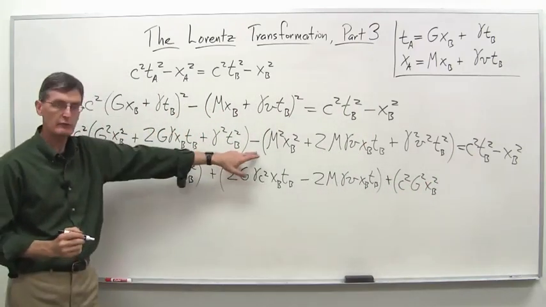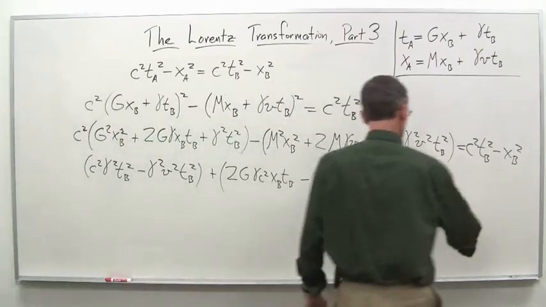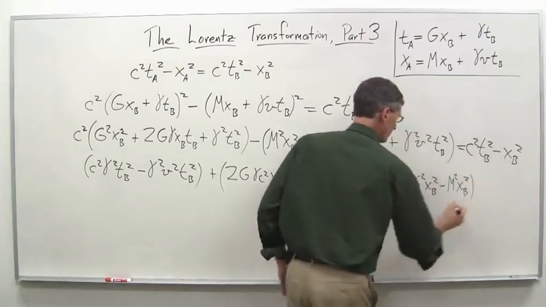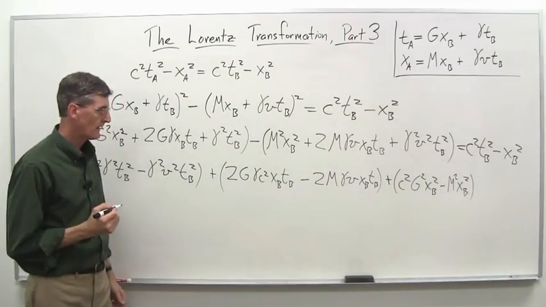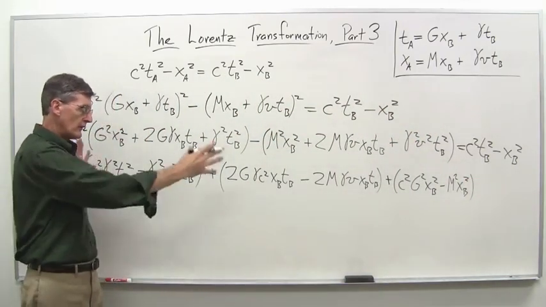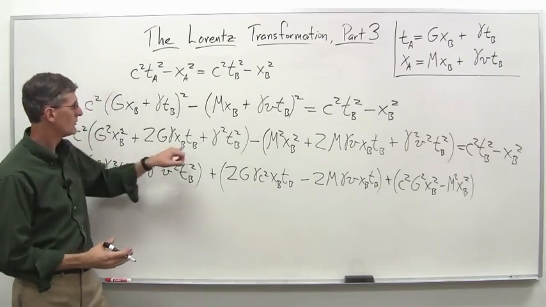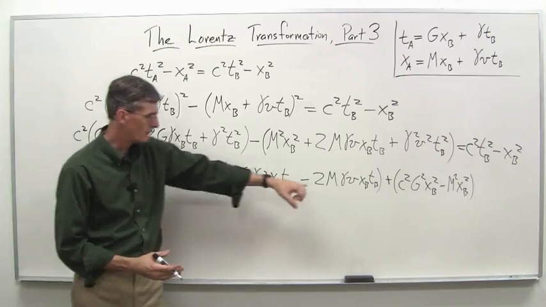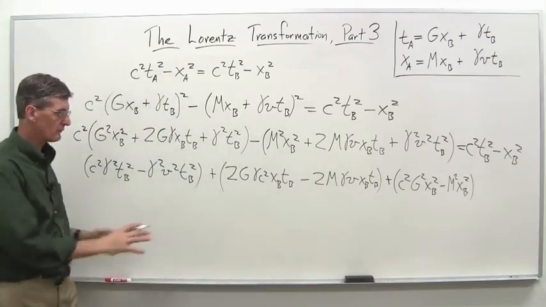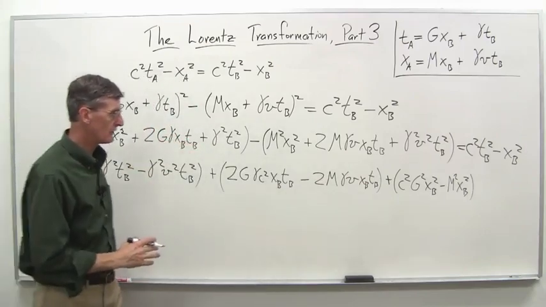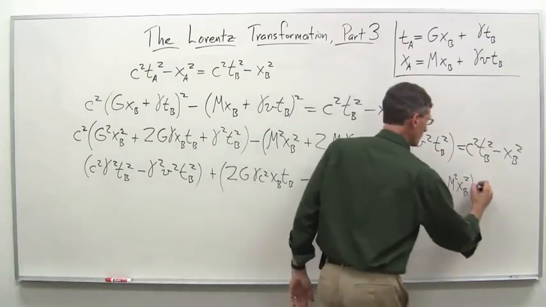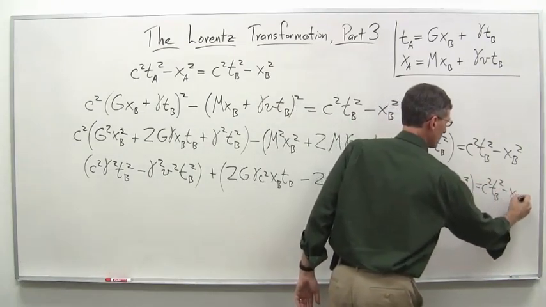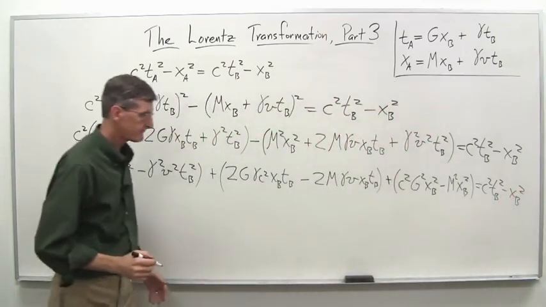And then minus m squared xb squared here. And I think we got all the terms there. We got 1, 2, 3, 4, 5, 6 terms total. So it looks like we got them all there. Hopefully we didn't make any silly mistakes there. And then still over on this side, I've got c squared tb squared minus xb squared.